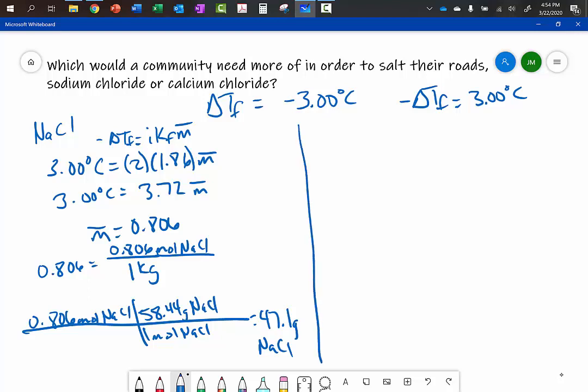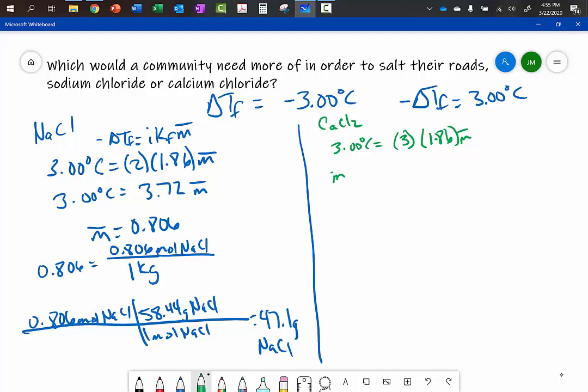So now let's compare the same scenario to my calcium chloride. So let me change colors here. All right, so for calcium chloride, I'm going to do the same thing. I know my negative delta TF is still 3.00 degrees Celsius. My i value is going to change though, because calcium chloride is going to produce 3 ions in solution. So I have a value of i of 3. My constant remains the same, and I'm solving for molality.